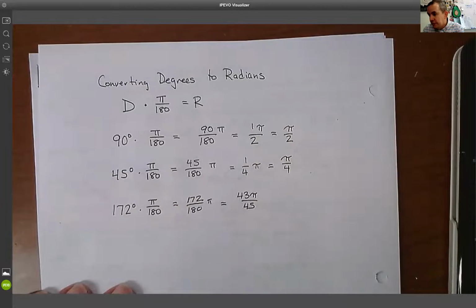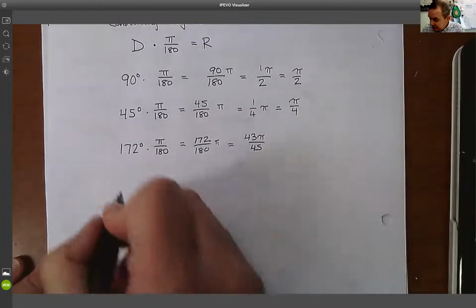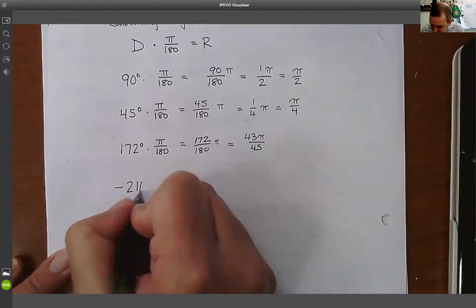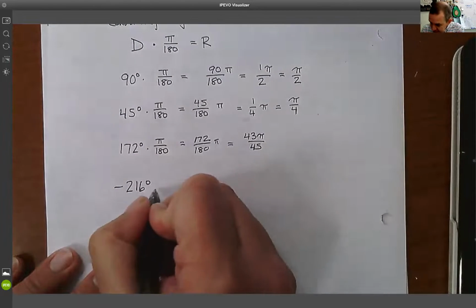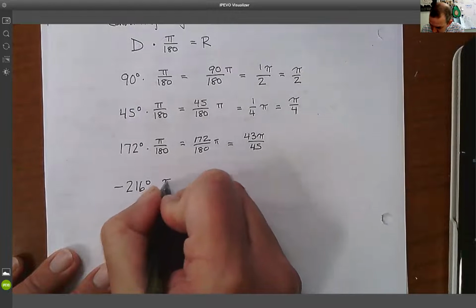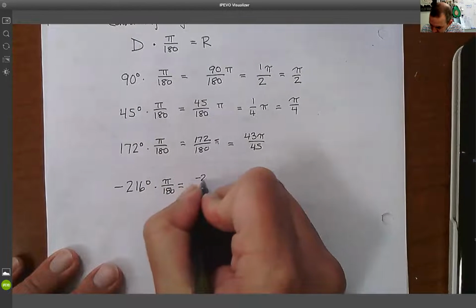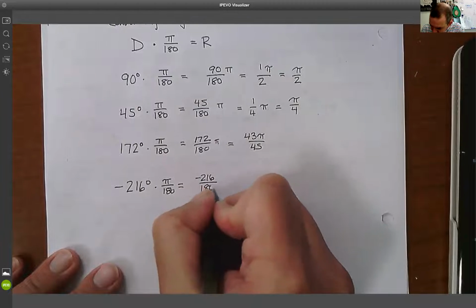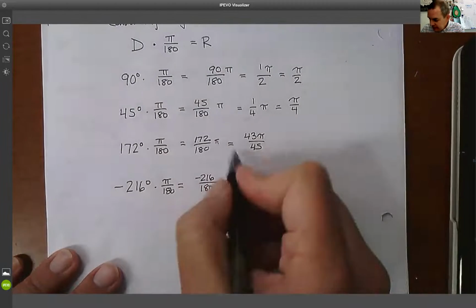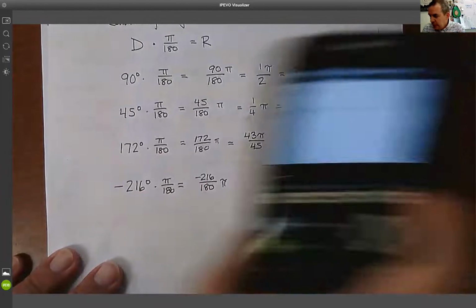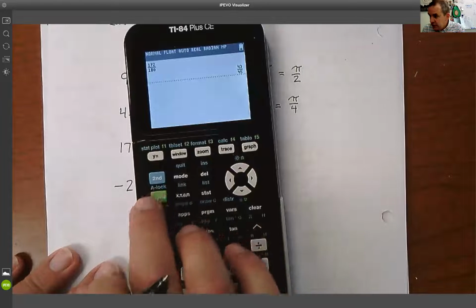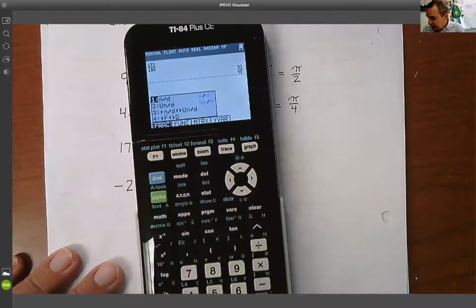Never have a decimal. And it works the same with negatives. So if I had negative 216 degrees and I needed to turn that into a radian, I'm going to have negative 216 over 180 pi. And what I'm going to do here is alpha, y equals, enter.